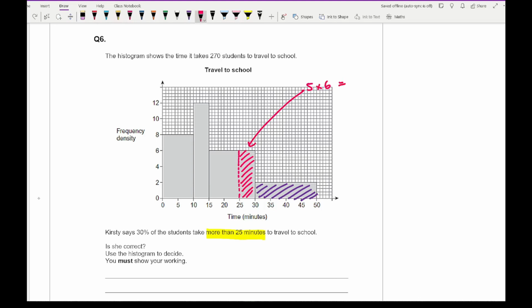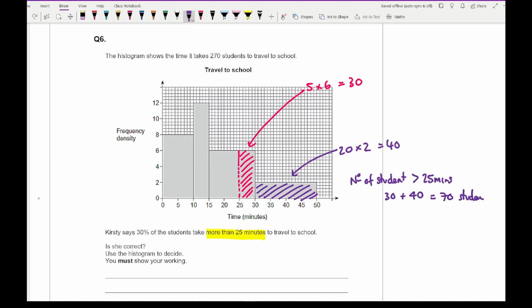So it's 5 times 6, which is 30. And this purple box is going to be 20 multiplied by 2, which is 40. So the number of students taking more than 25 minutes is going to be 30 plus 40, which is 70 students.